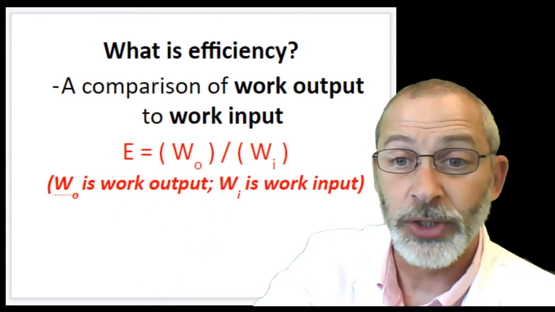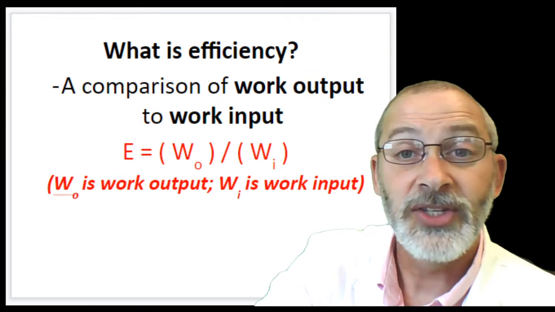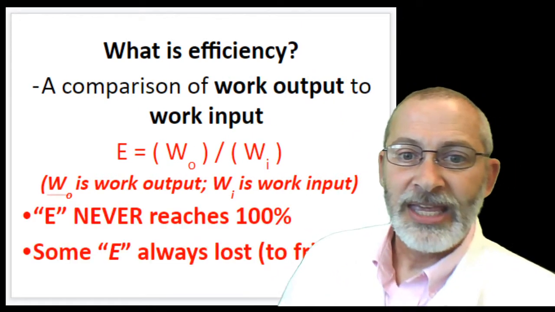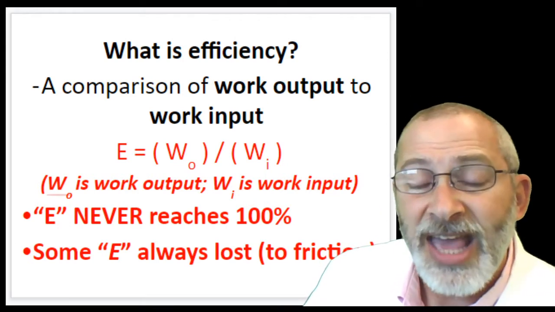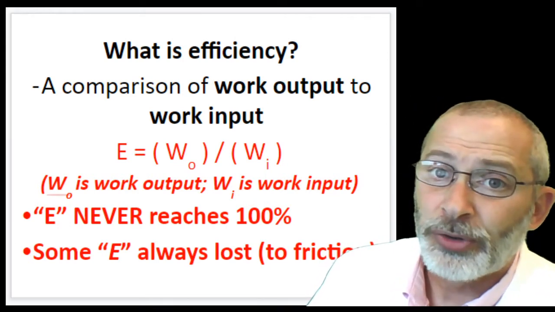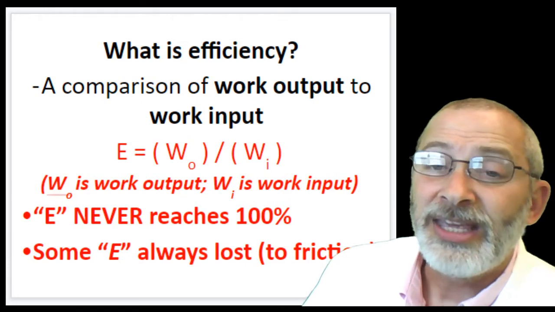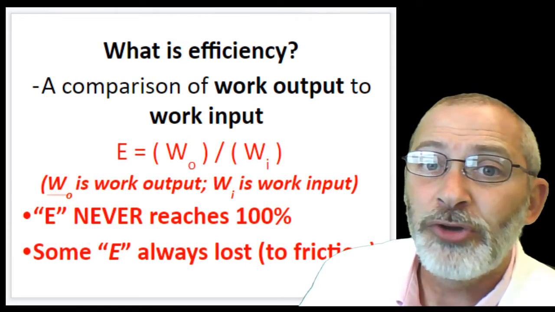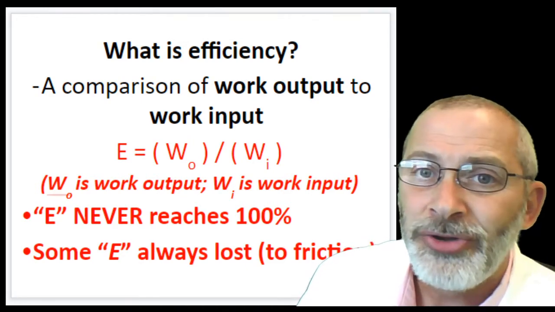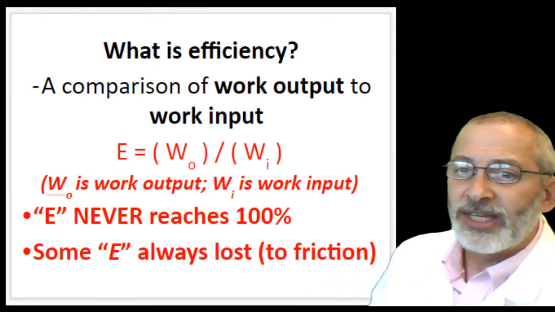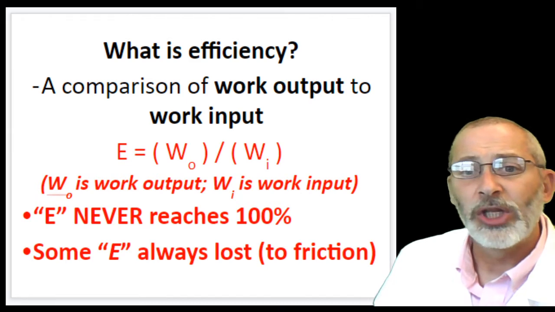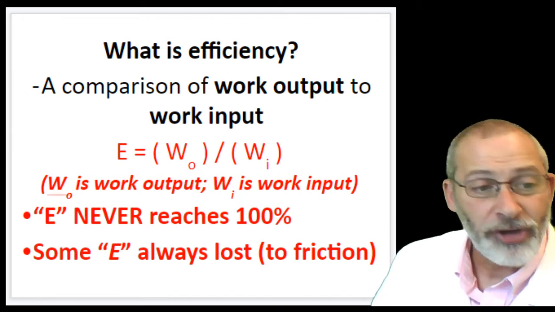But as I just alluded in that little slide preview there, E or efficiency is never equal to or greater than 100. Efficiency can never reach 100%. Some efficiency is always lost to friction.